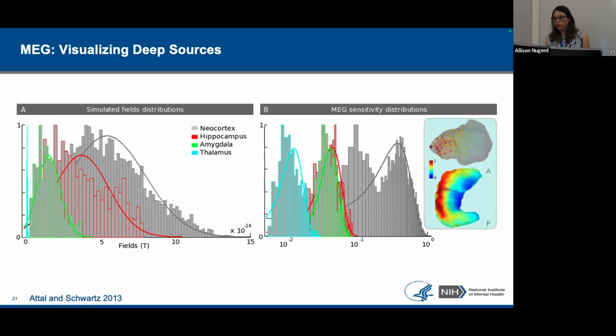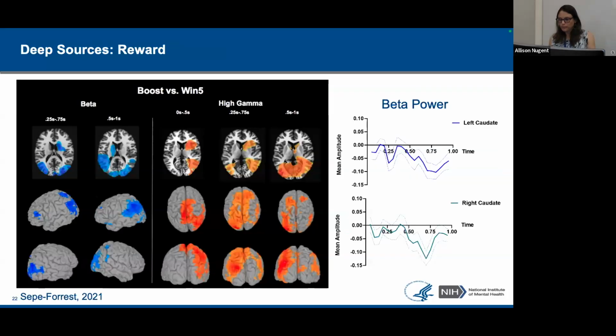If you have an appropriately robust task and adequate signal averaging, these signals are measurable. There have been numerous studies looking at MEG in the hippocampus and the amygdala. Thalamus is a little bit more difficult just because it's at the exact center of the brain.